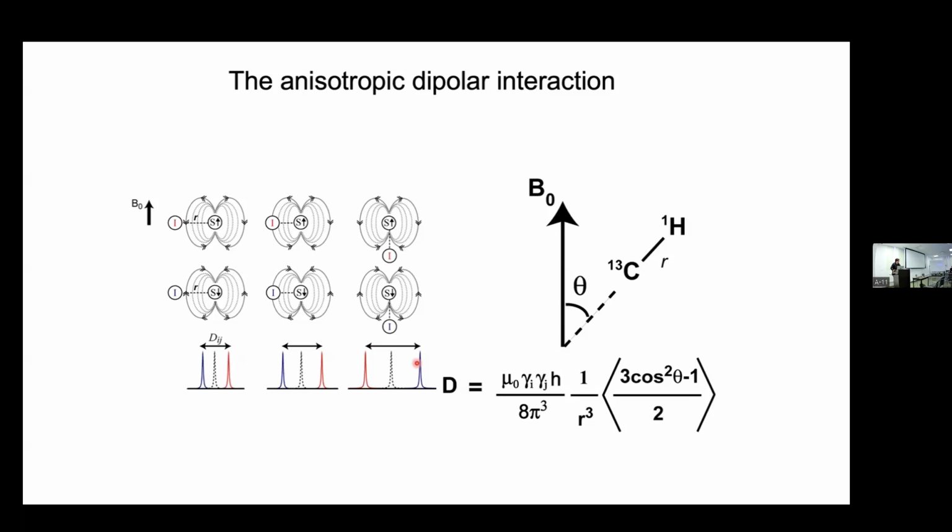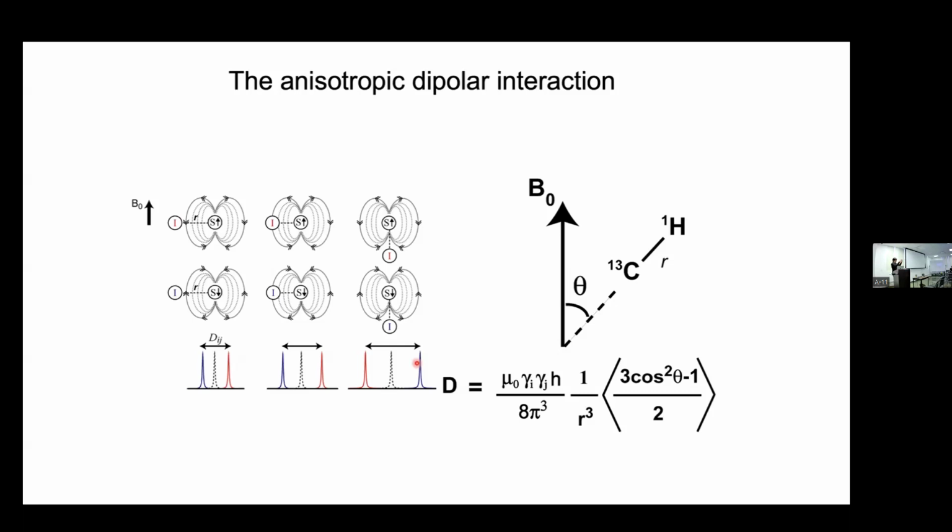CH bonds are wonderful. You can't have directly bonded HH, right? The distances are 3 angstroms or more, and that more than counteracts the benefit of the gyromagnetic ratio. Also, HH couplings are a pain to measure. But besides, what determines the precision of measurement? Yeah, the data, but if I have a position of a line, what aspect of the line tells me how well I can determine the center of the line?